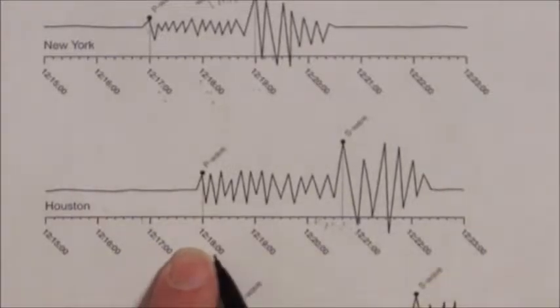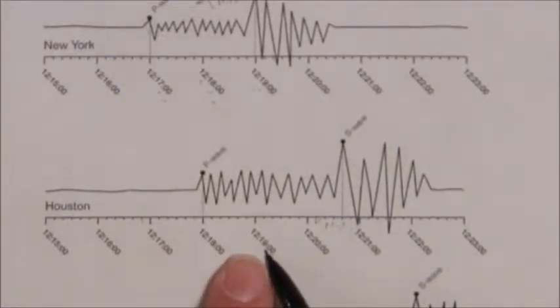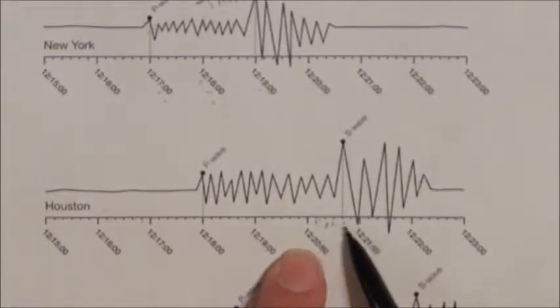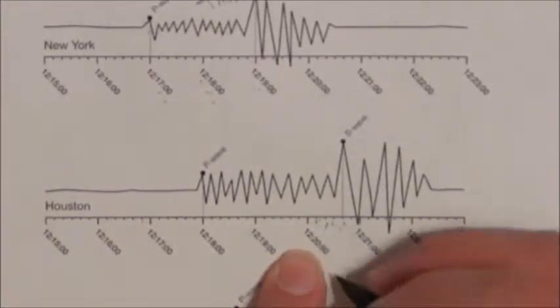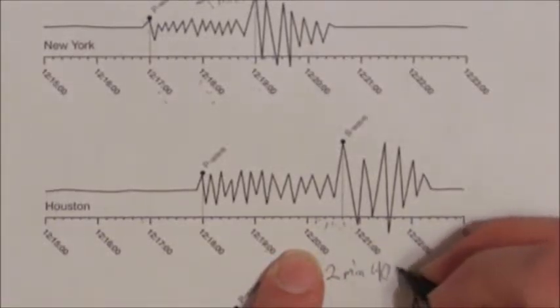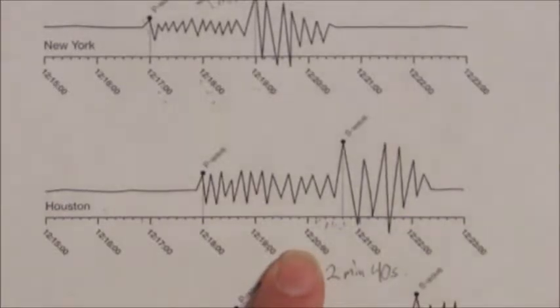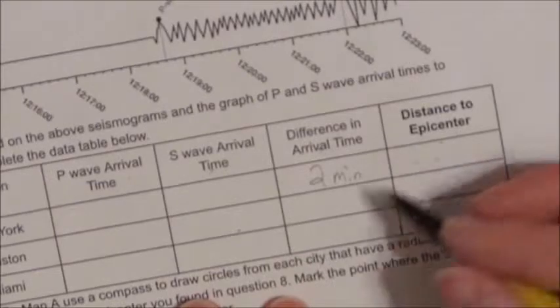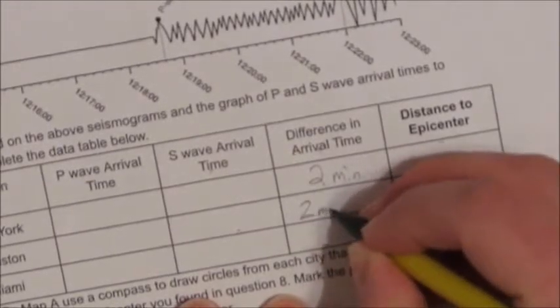Okay, so 12:18 to 12:19, that's 1 minute. 12:20, that's 2 minutes. And then 1, 2, 3, 4 of these hash marks. So our arrival time here is 2 minutes and 40 seconds. Okay, so let's put that down in our chart for Houston. 2 minutes, 40 seconds.